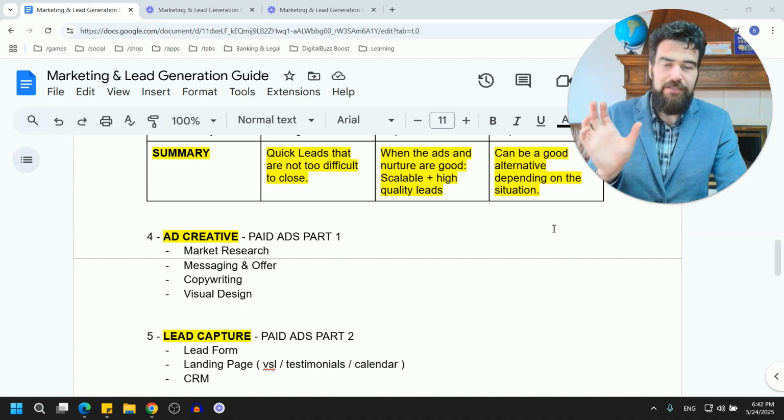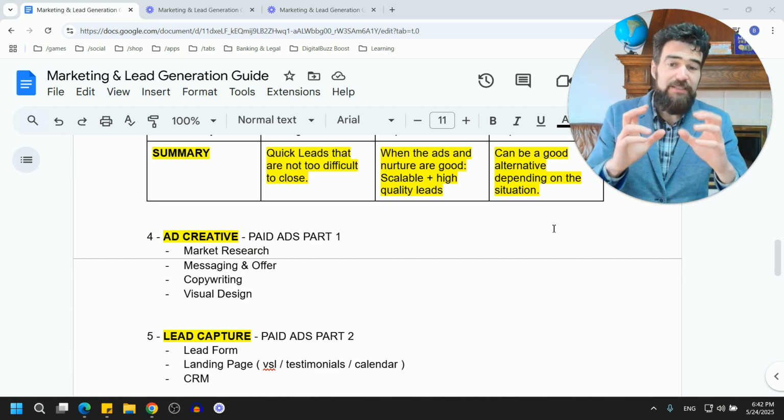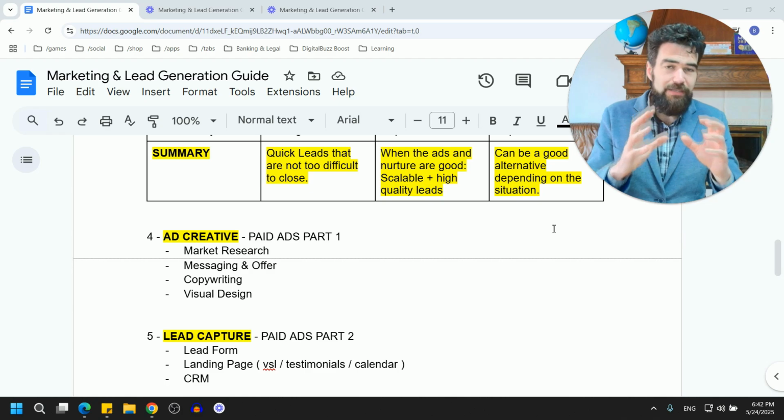It's either a hook or a written headline. They used to do this in papers, but nowadays it's mostly online. This is something that's really going to pull attention.